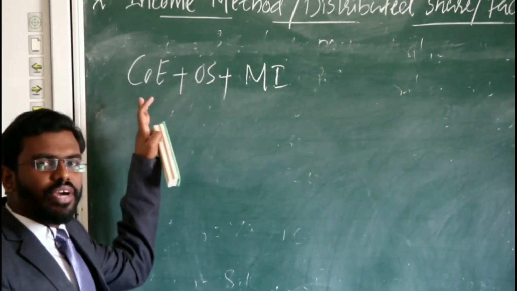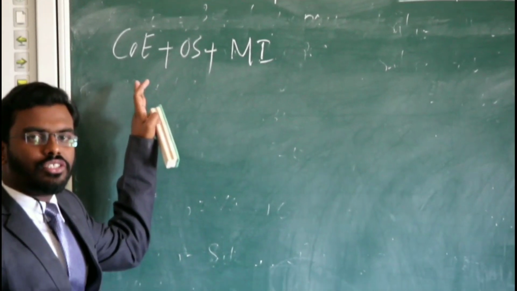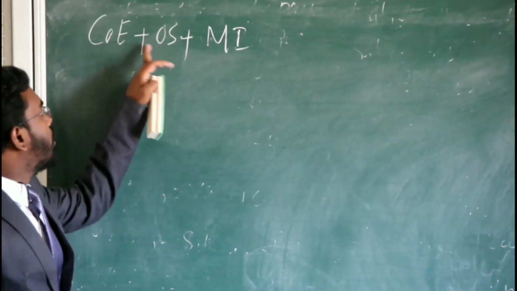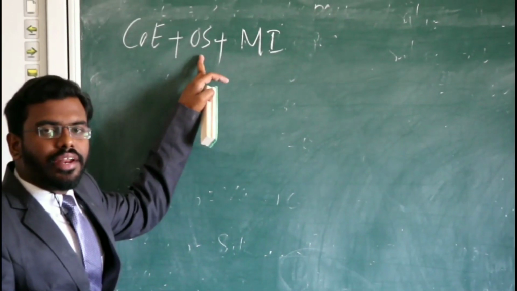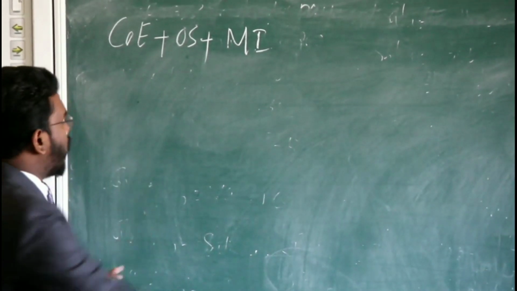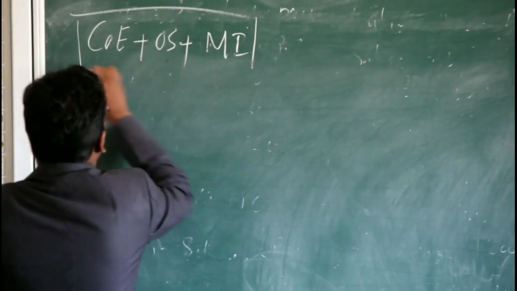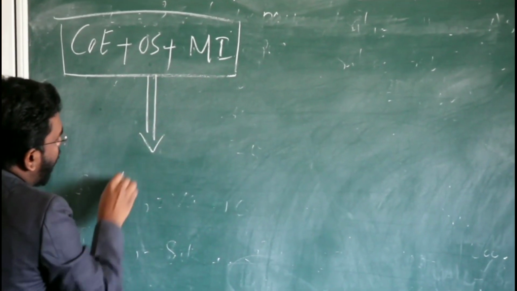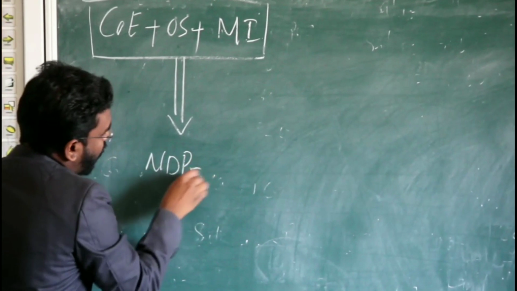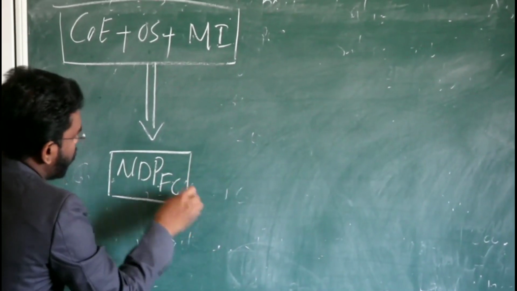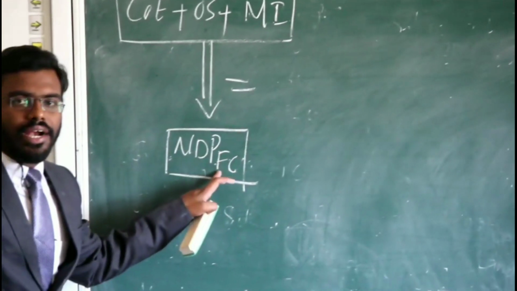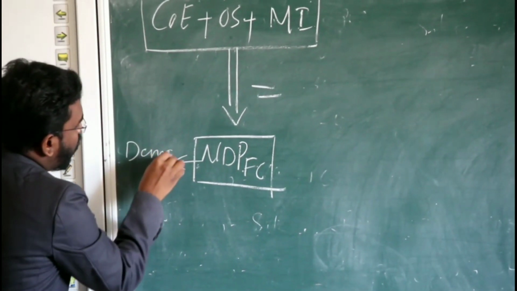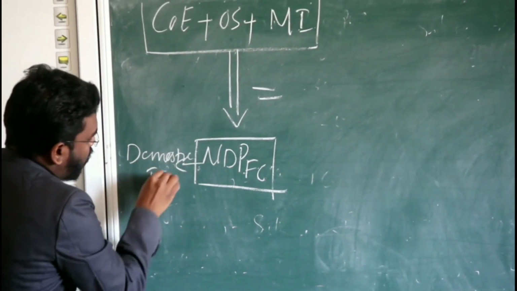Compensation of employee includes wages and salaries in cash and in kind, pension on retirement, and employer's contribution. Operating surplus includes rent, interest and profit. If we add all of these, we will get NDPFC, which is our domestic income.